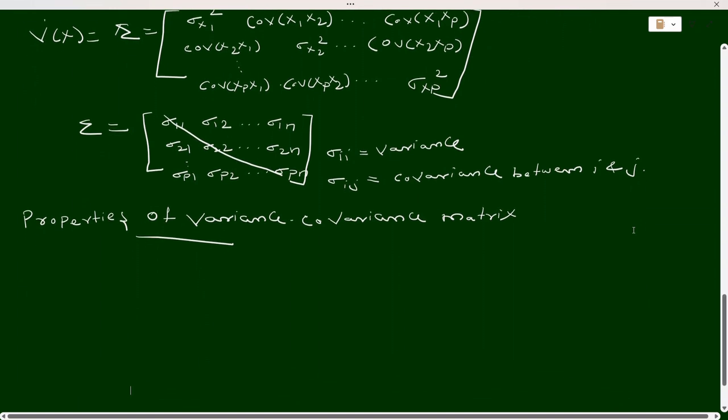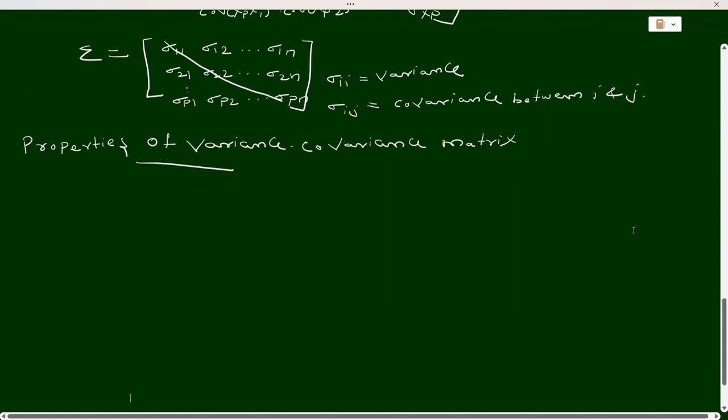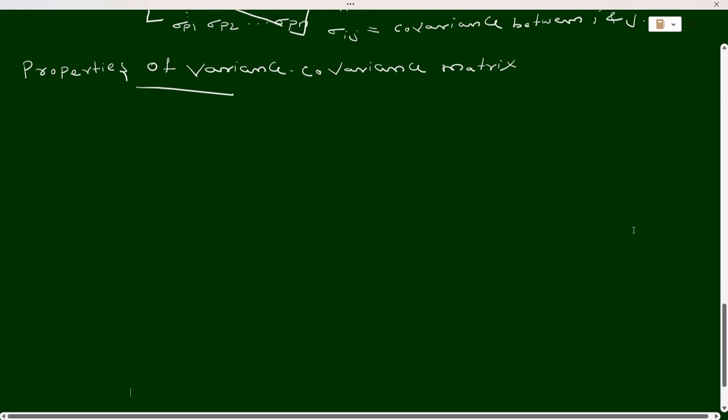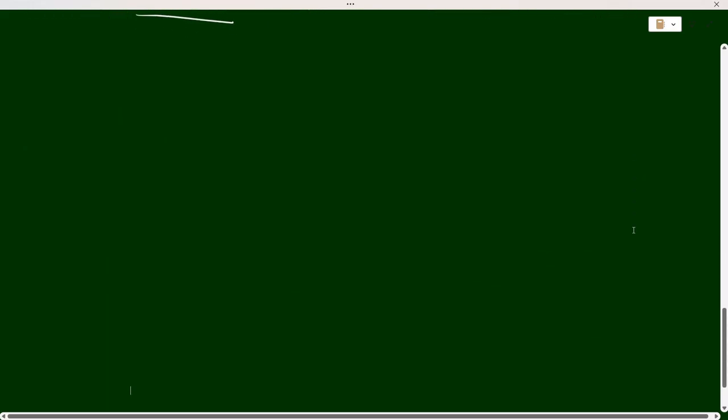The first and foremost property, property 1, square matrix.